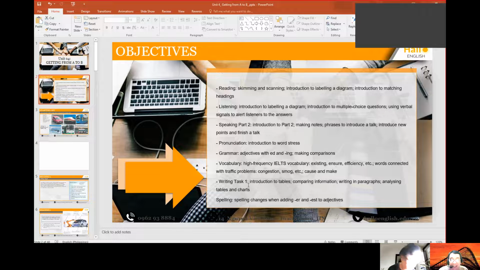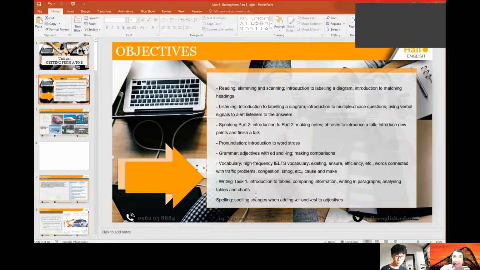Okay? And for the writing task one, introduction to tables. So we will be going to study also tables in here, comparing information and writing in paragraphs, analyzing tables and charts.